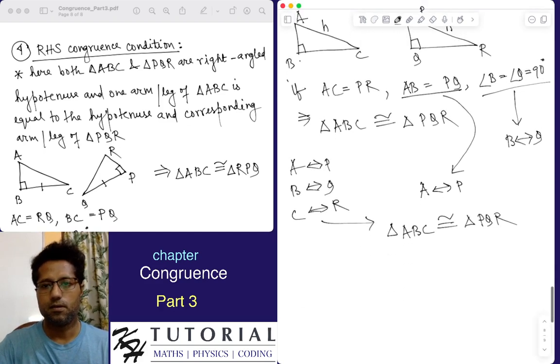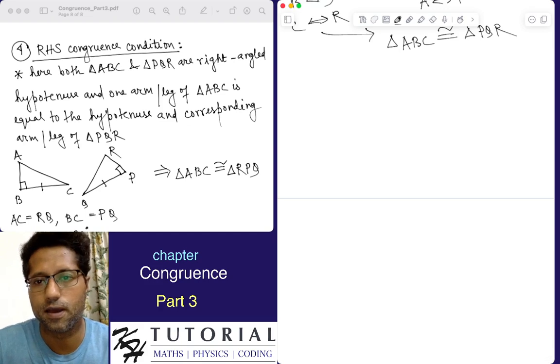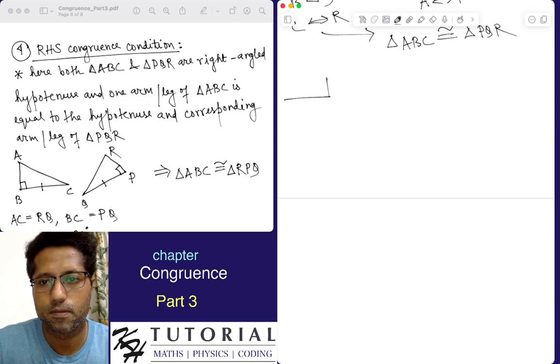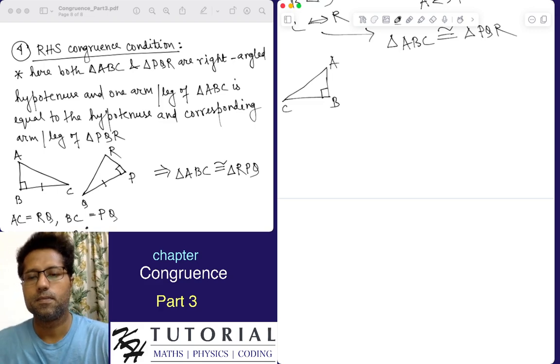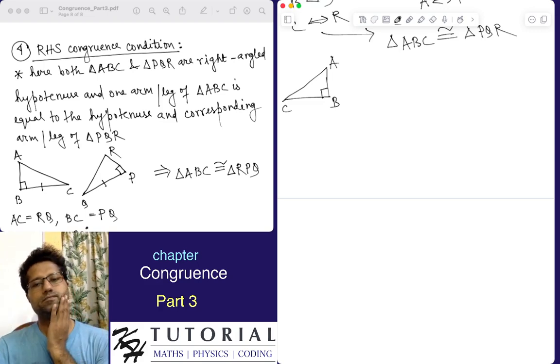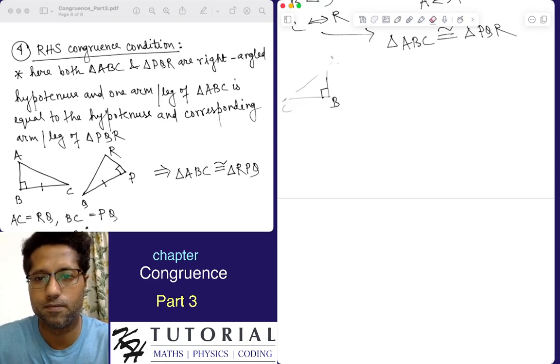Now let's take another example of this RHS congruence. Let's say I have this triangle ABC, not this one, this is becoming the same as the previous one. Let's take some different example.